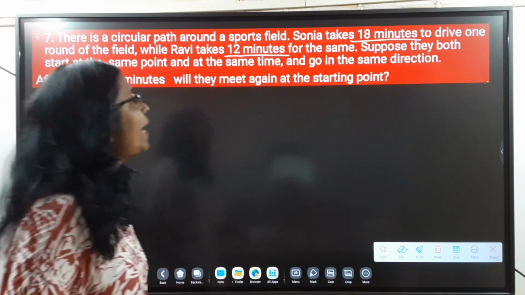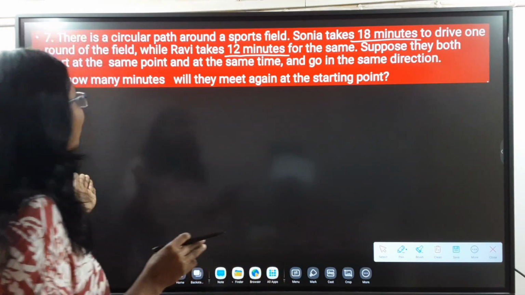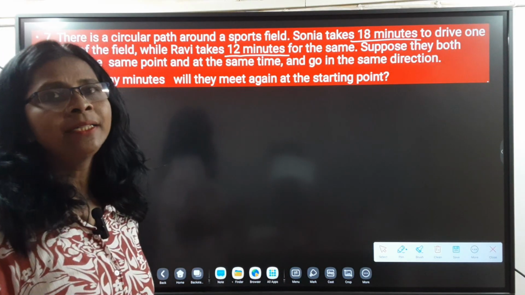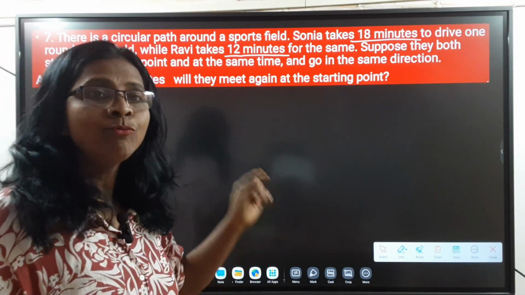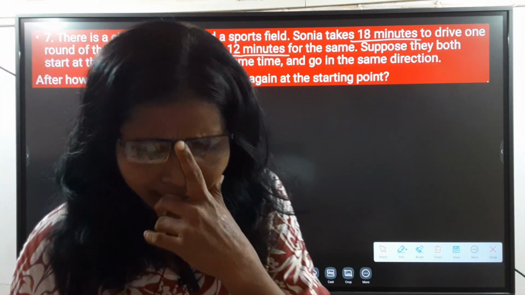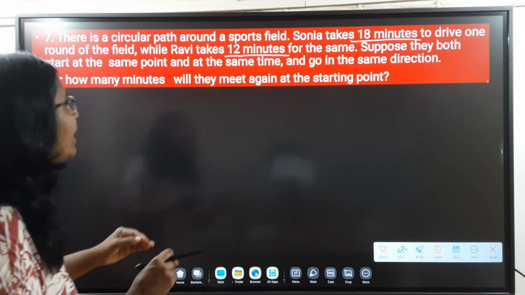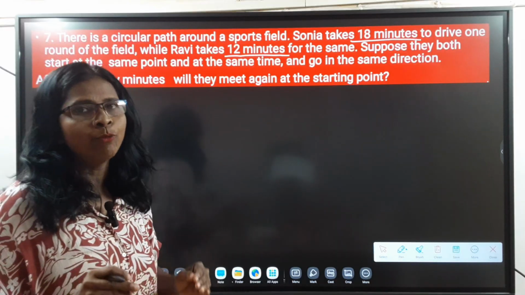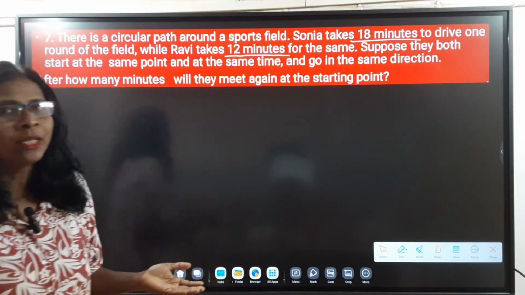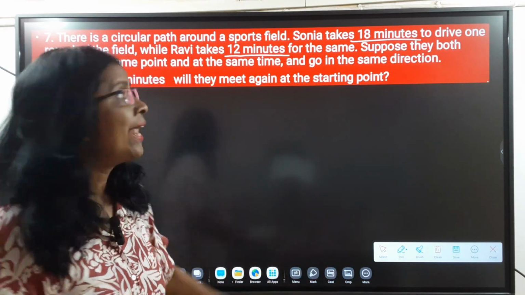Because Sonia takes 18 minutes to drive 1 round of the field, and at that same time Ravi takes 12 minutes. Okay students, and we have to calculate the minimum time they will meet again. That means here we have to calculate the LCM. So it is very clear that we have to calculate the LCM of 12 and 18.